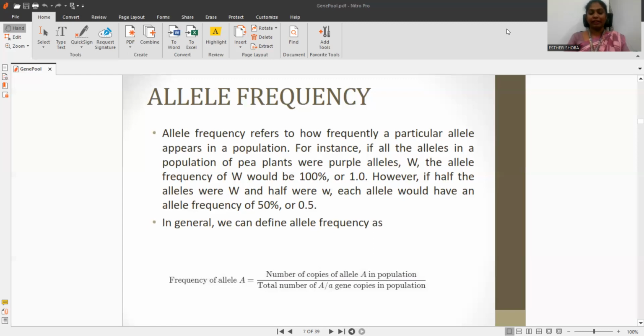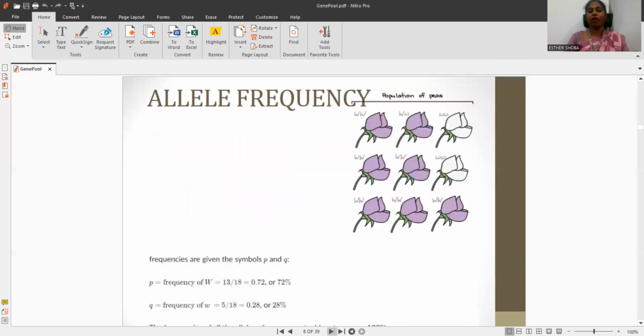Frequency of allele capital A is equal to the number of copies of allele capital A in the population divided by the total number of gene copies. Gene copies include both the dominant and the recessive form in the population. This we call allele frequency. Likewise, we can also calculate it for the recessive form of the same particular gene.